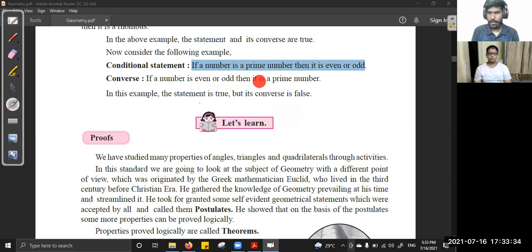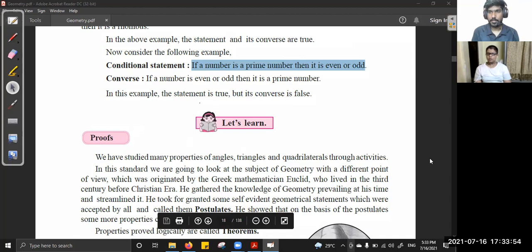That means if a number is prime, then it is either even or odd. That is true. But is the converse true? That means if a number is even or odd, then it is prime. Is it true? Does it ever happen?